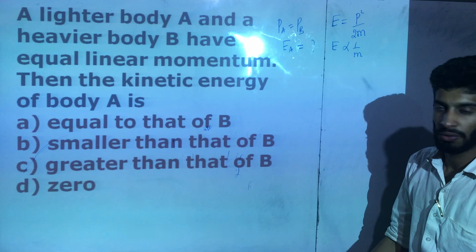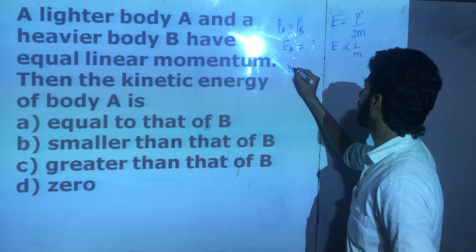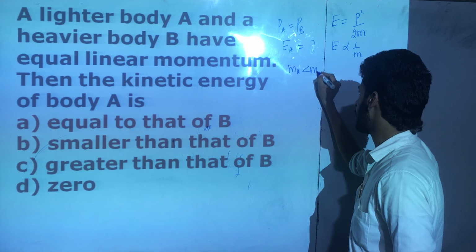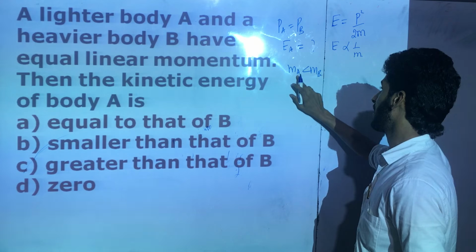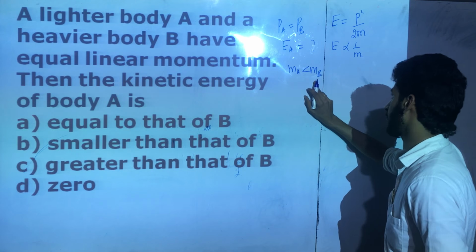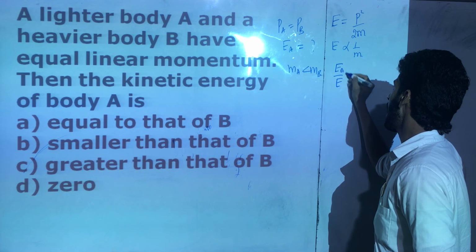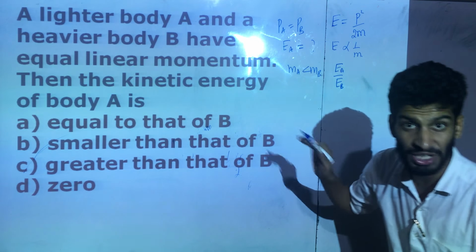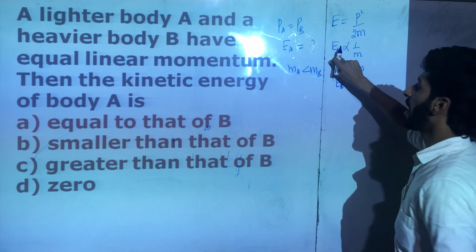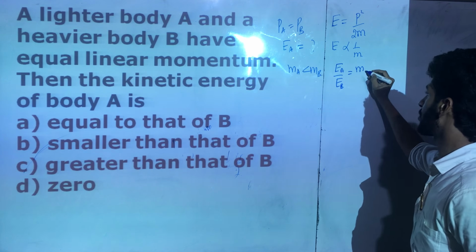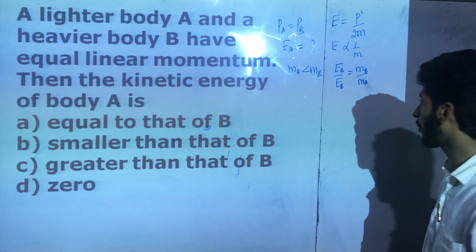Now, the lighter body, that means mass of A is lesser than mass of B, because they're told that A is lighter than B. That means EA by EB, because I've got two bodies, A and B, is equal to mass of B by mass of A, because they are inversely proportional.